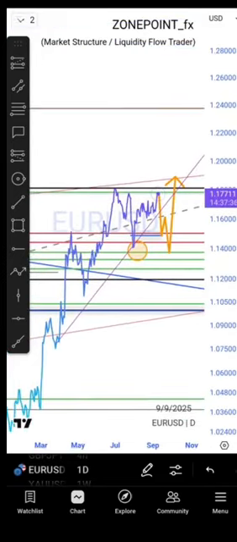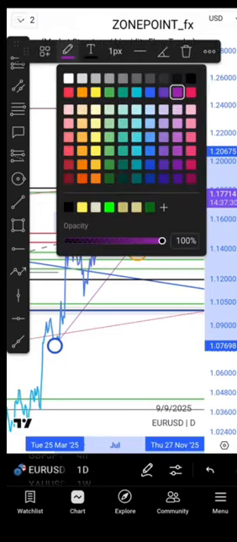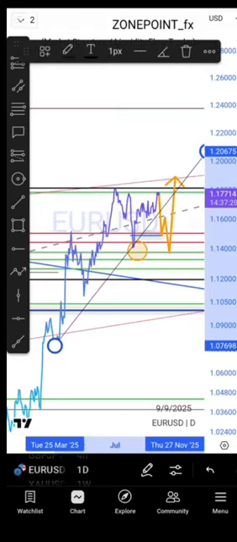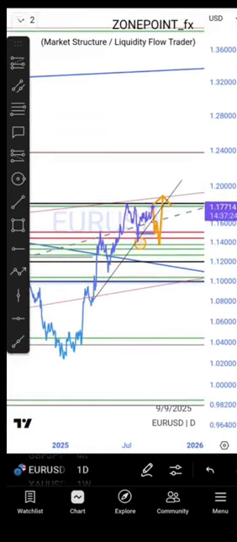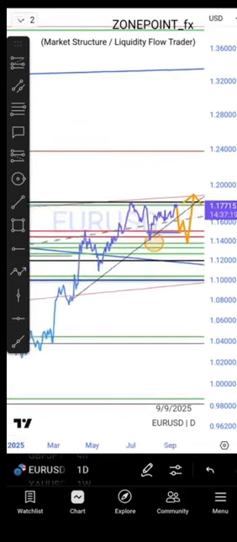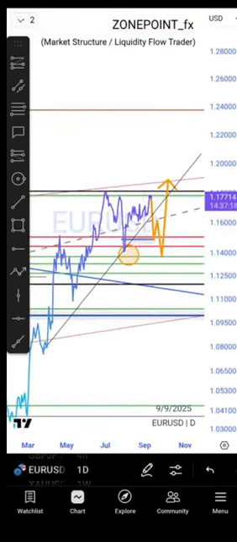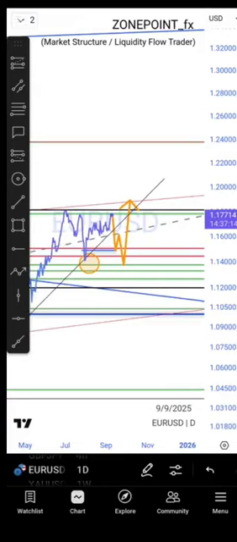You can see how I'm analyzing the trade, based on the market move. This is a trend line, and this is a trend line, right? Agree with me.